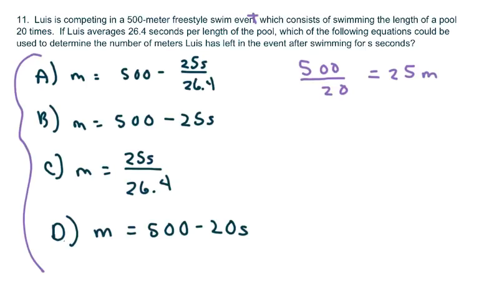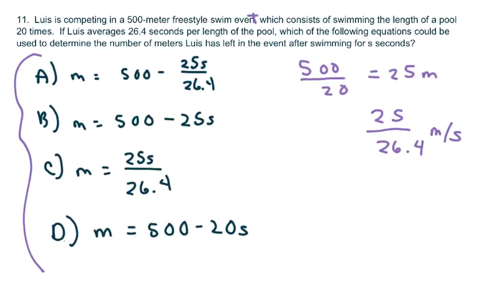Because each length is 25 meters, and he can swim one length in 26.4 seconds, his average speed is going to be 25 over 26.4 meters per second.